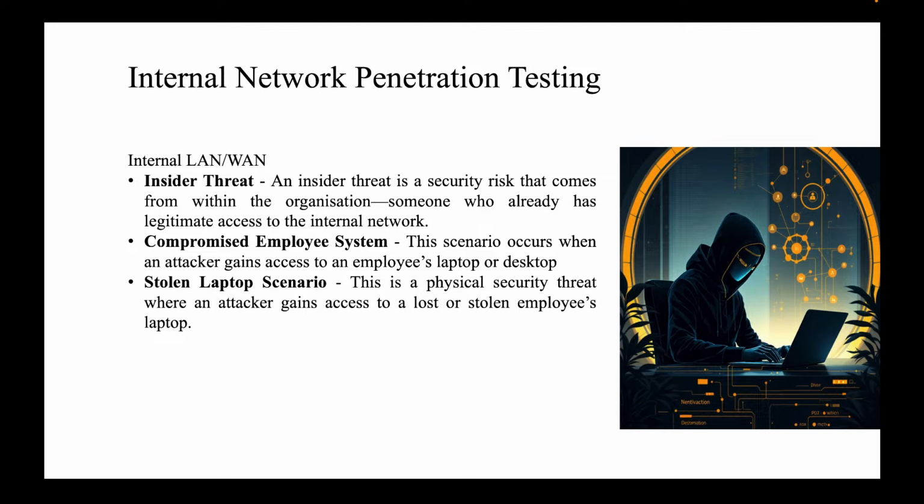Compromised employee system. This happens when an attacker takes control of an employee's personal or organization laptop or computer. In an organization, the company gives employees a company laptop, and it happens when an attacker takes control over that laptop or system.